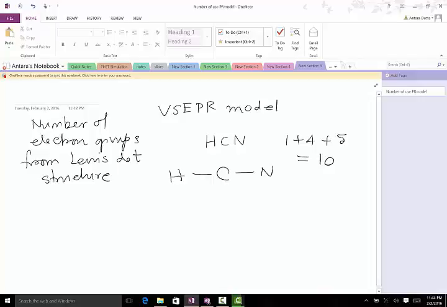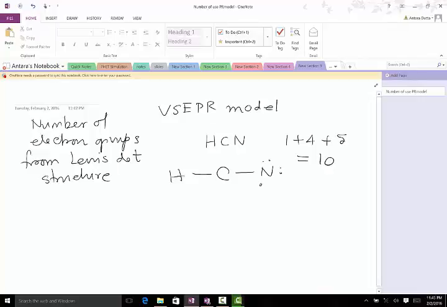So we know that hydrogen requires only 2 electrons, but carbon and nitrogen both require 8. So we have to satisfy the terminal ones first with 8 electrons. So 1, 2, 3, 4, 5, 6, and then you have 2 bonds that consist of total 4 electrons, so those are my all 10 electrons.